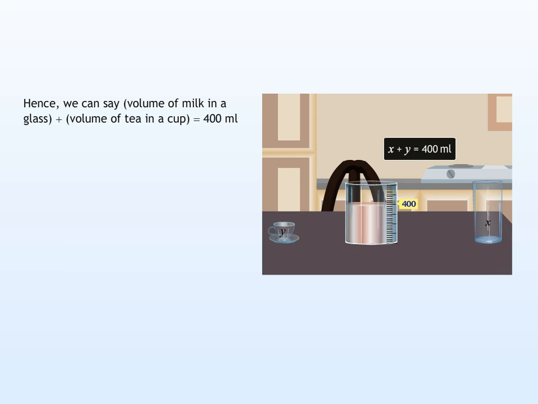Hence, we can say that the sum of the volume of milk in a glass and the volume of tea in the cup is equal to 400 ml, or X plus Y is equal to 400 ml. So, the two equations formed are X equal to 3Y and X plus Y equals 400.